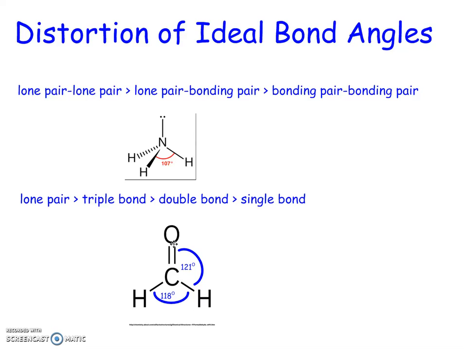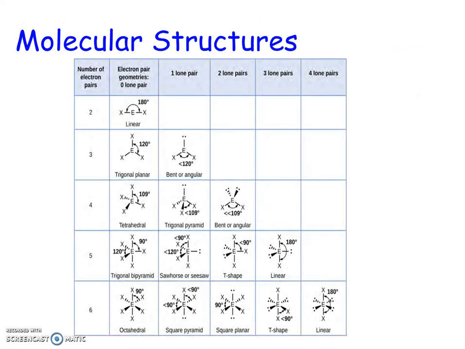The trigonal planar has ideal bond angles of 120 degrees. However, because this double bond is repelling even more than the single bonds are repelling each other, it forces the angle between the double bond and the single bond to become a little bit bigger than that 120 ideal bond angle, and the angle between the 2 hydrogens to get a little bit smaller, 118 and 121 instead of the ideal 120.